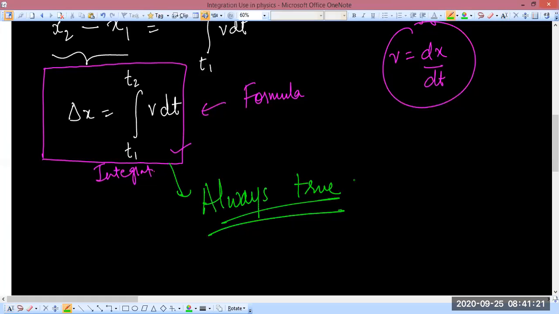It's not even necessary that acceleration is constant. Acceleration may be constant, may not be constant, may be anything, we don't care. No matter the situation, this is always true. So you see, this is actually a superior formula. I hope you understand what I'm saying. All right?